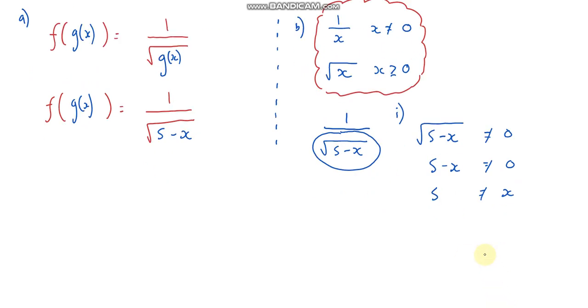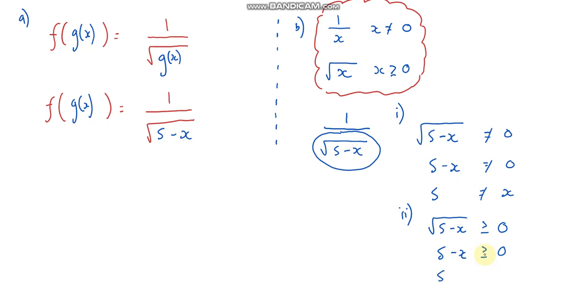The second one is saying, well, we said that the square root of 5 take away x, right? That can't be less than 0. This has to be greater than or equal to 0. So that means that 5 take away x has to be greater than or equal to 0.